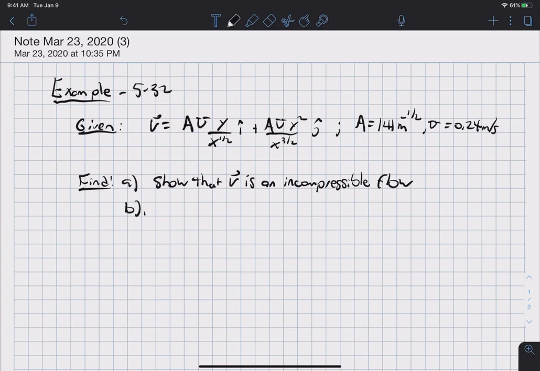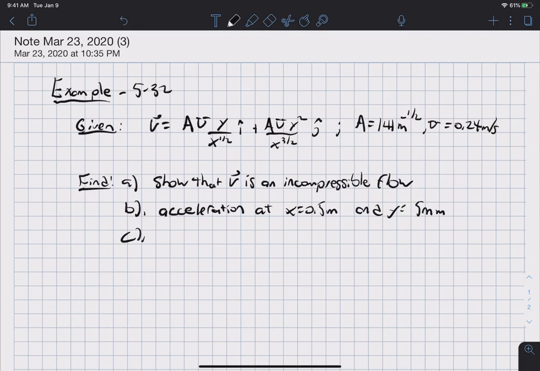B, the acceleration of a fluid particle at x equals 0.5 meters and y equals 5 millimeters.